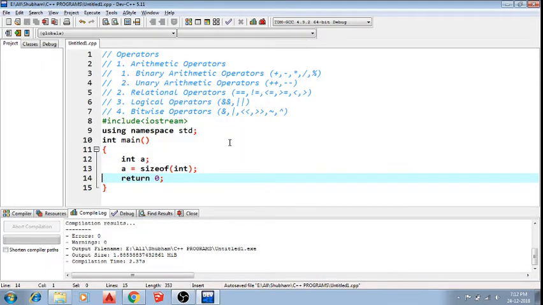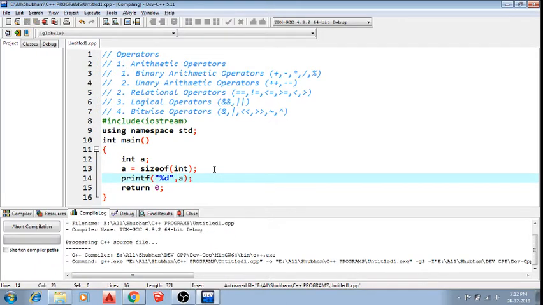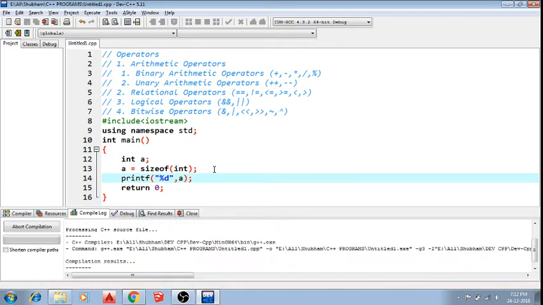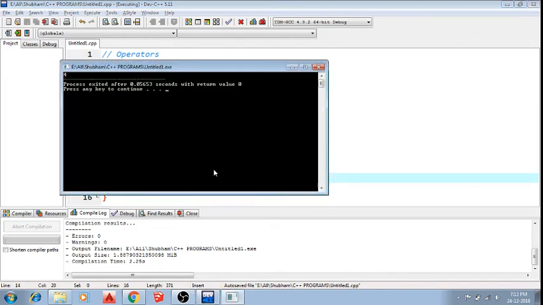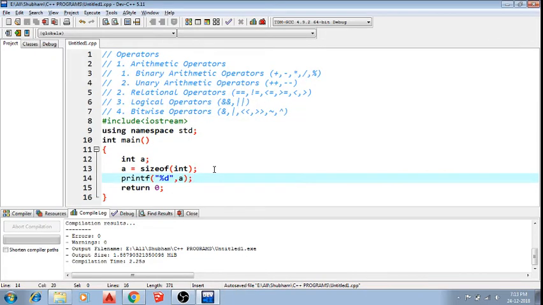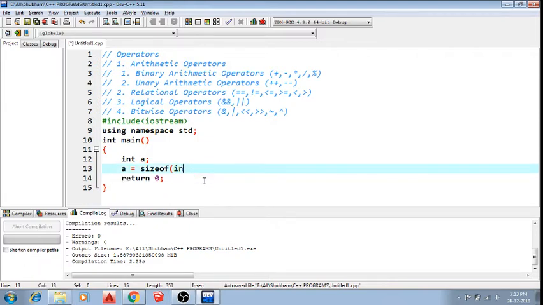There is nothing in the output, because we have not printed the value of a. printf with %d for integers, and the integer is a. So what is the value of a? The value of a is 4. Generally the size of an integer is 2. No problem, it doesn't matter whatever the size is, but sometimes it matters.